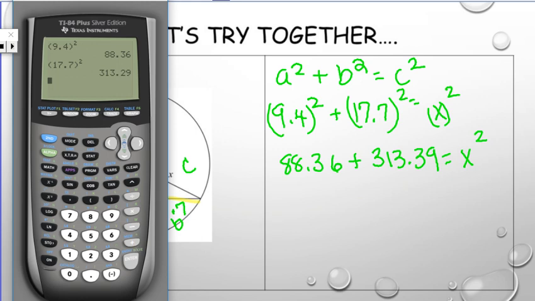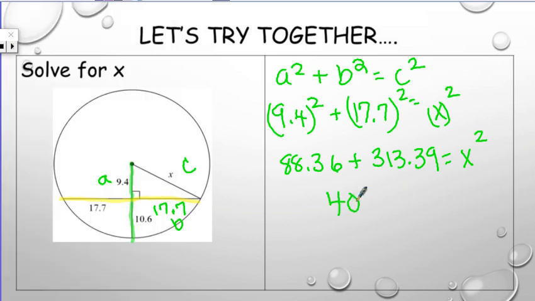Now you're going to add these two together. So 401.65 equals x squared. And to find x, we take the square root of both sides.